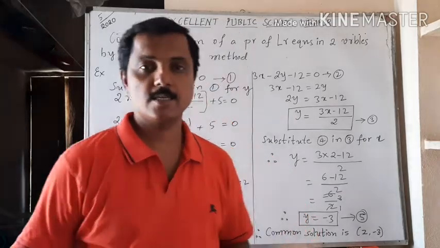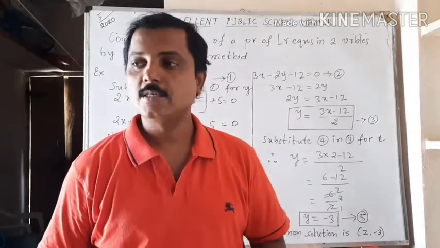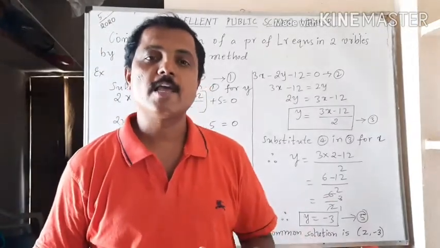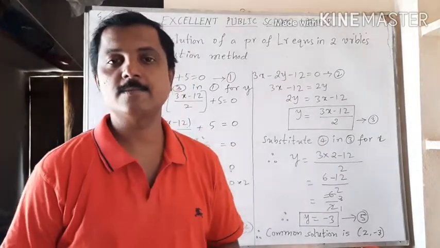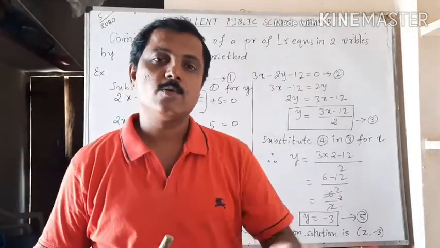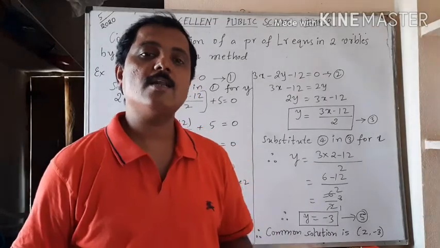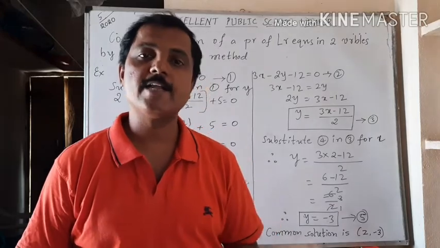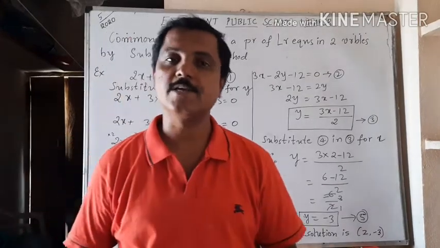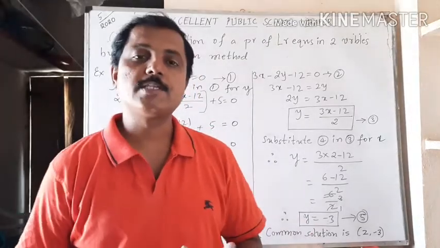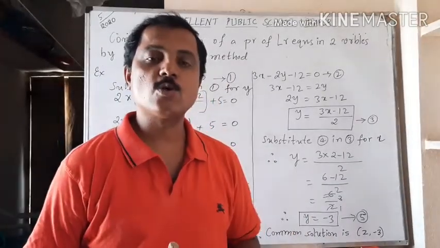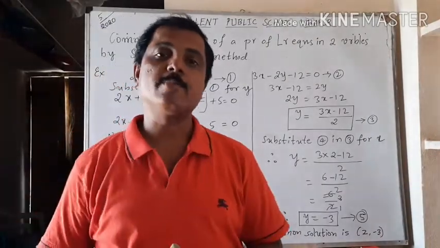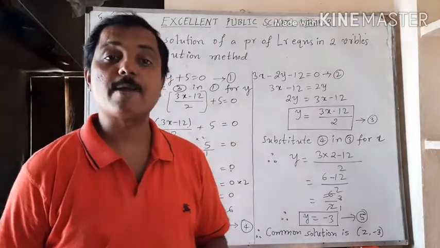Yesterday we discussed what is meant by common solution of a pair of linear equations in two variables, and we have seen the graphical method of finding common solutions of a pair of linear equations in two variables yesterday, and today we will see how to find the common solution or solutions of a pair of linear equations in two variables by an algebraic method.